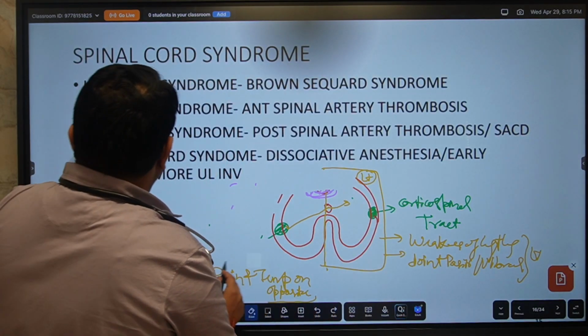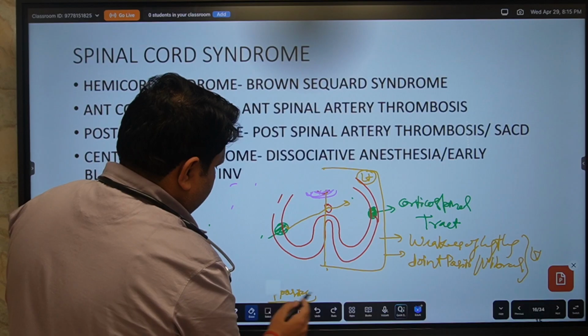So again, let us discuss the anterior cord syndrome.